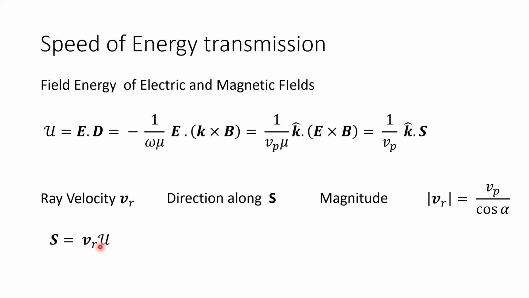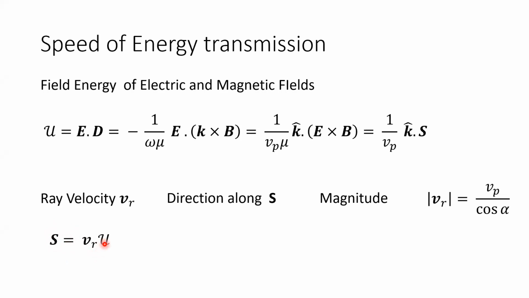So whatever energy is contained in that cylinder, in 1 unit of time, that energy will flow out of one end of the cylinder. Imagine further that that cylinder has a unit cross-section area. So then whatever energy flows out in unit time is basically magnitude is equal to the S, because that gives you the flow of energy per unit area per unit time.